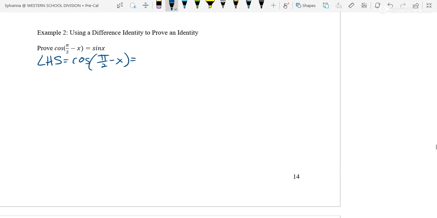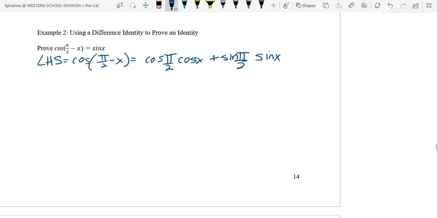And when I expand it, it would be cos pi over 2 times cos x plus sine pi over 2 times sine x. So that's just coming from our formulas.